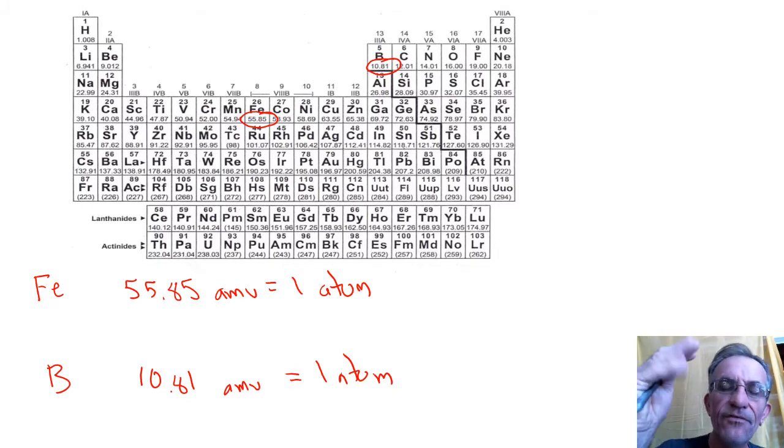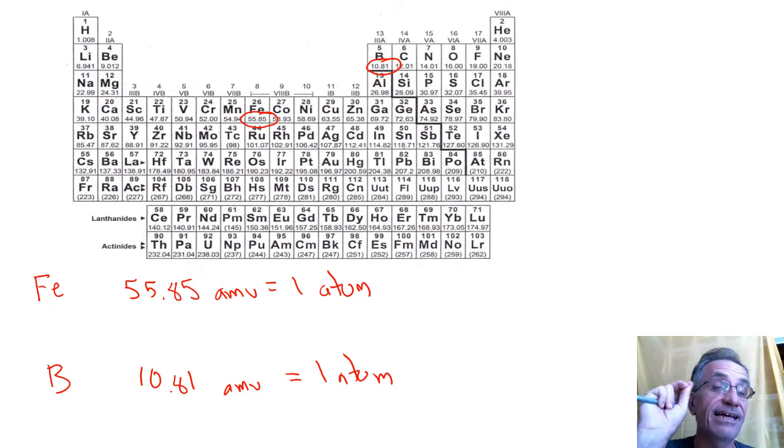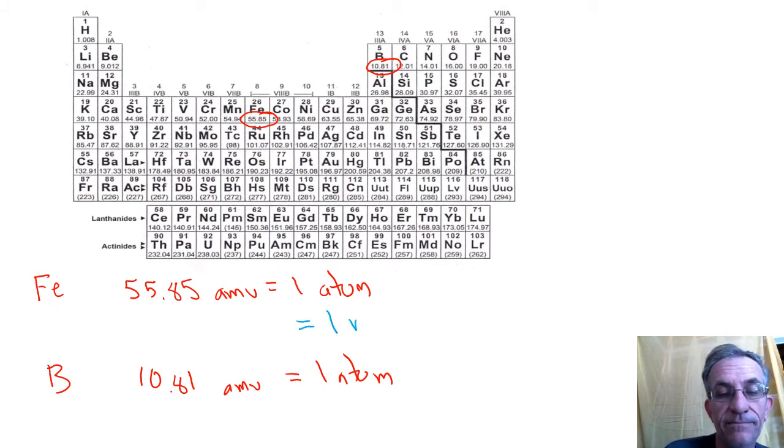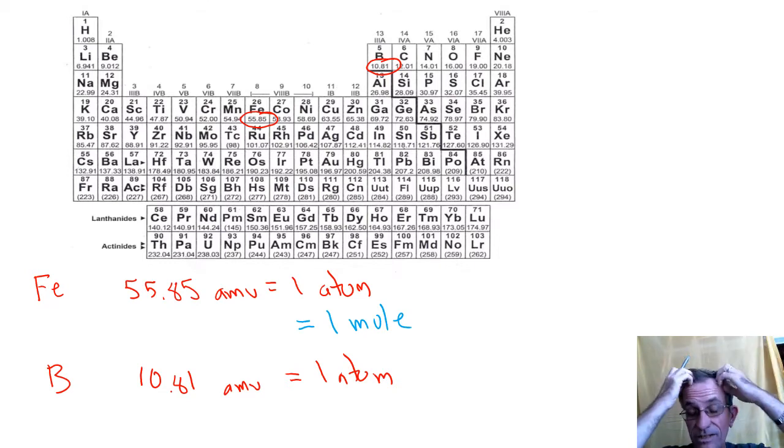The periodic table has been set up to tell you two things at once. It tells you the weight of one little teeny tiny atom. For iron, it weighs 55.85 AMU. But if I have a mole of iron, that's a huge number of iron atoms, right? What is a mole?